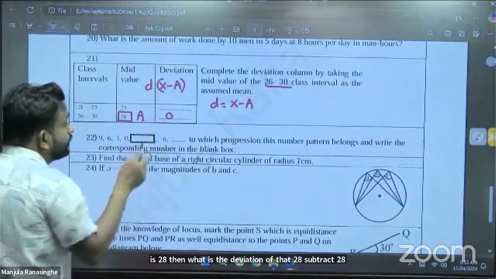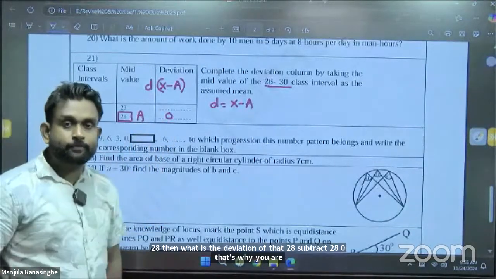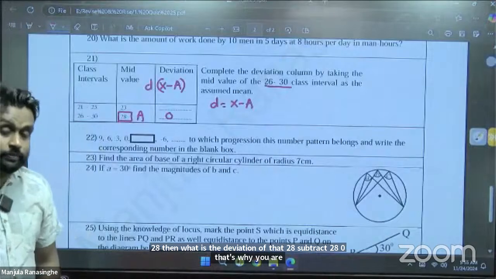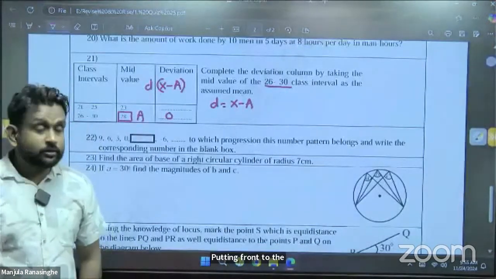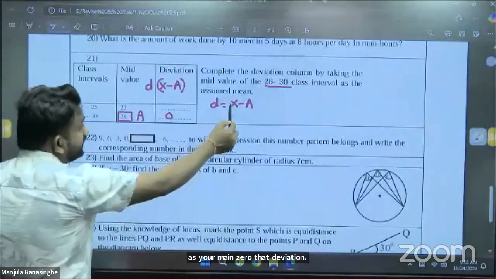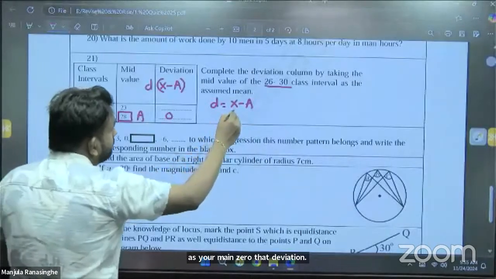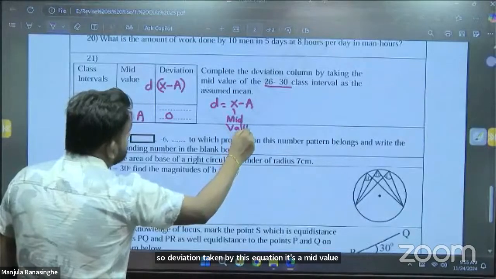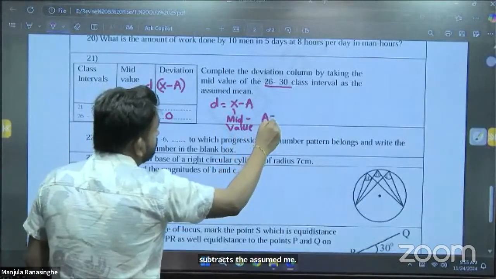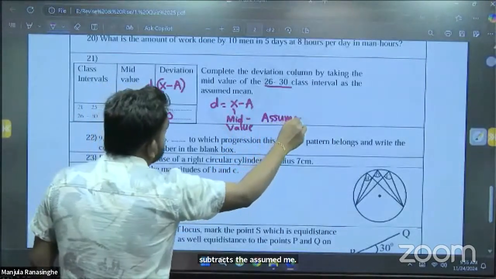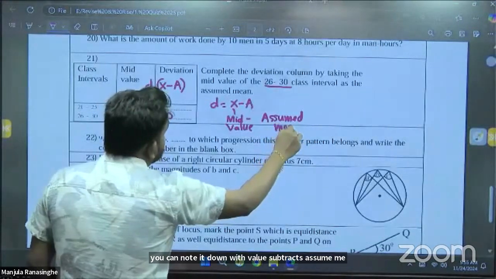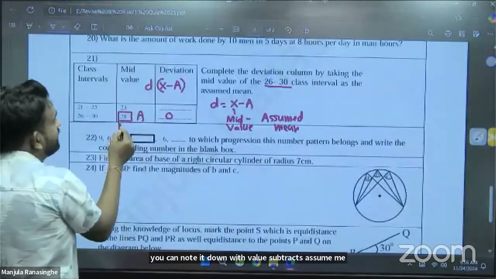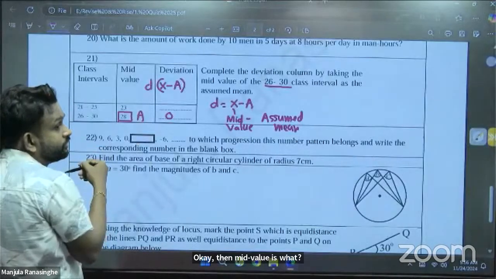That's why you are putting 0 in front of the assumed mean, that deviation. So deviation is taken by this equation, the mid value subtracts the assumed mean. Right, you can note it down. Then mid value is 28, subtract the assumed mean, 28, 0.